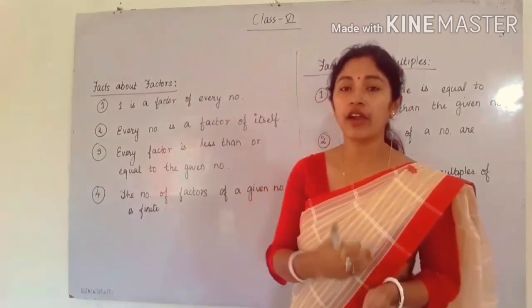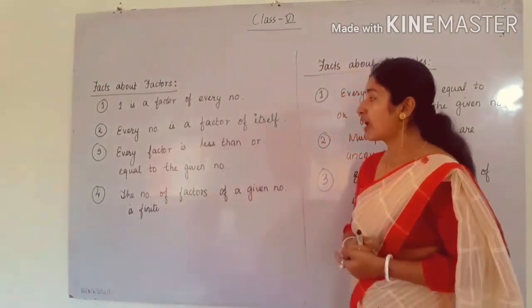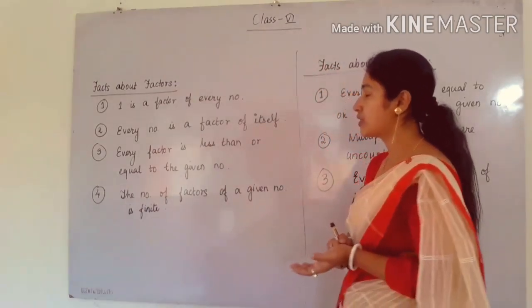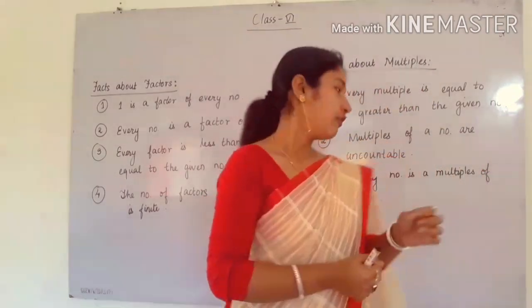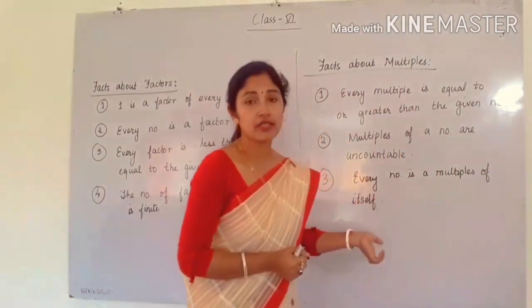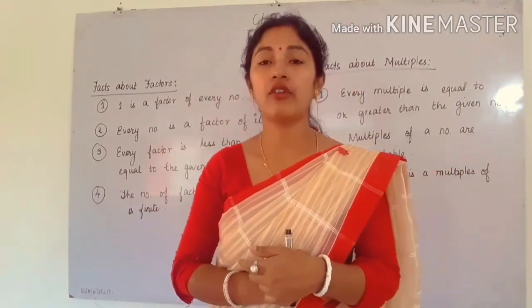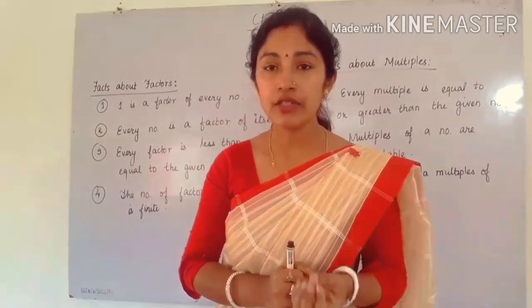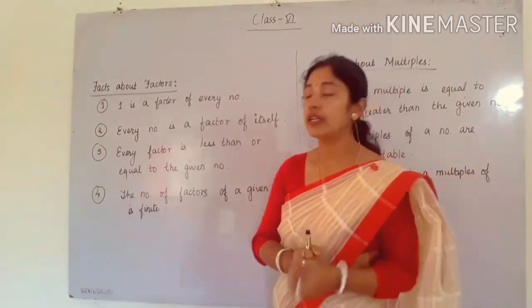Number 2: every number is a factor of itself. For example, 5 is a factor of itself. In our previous example, 8 is a factor of 8 because 8 is divisible by 8. That's why we can say 8 is a factor of itself.